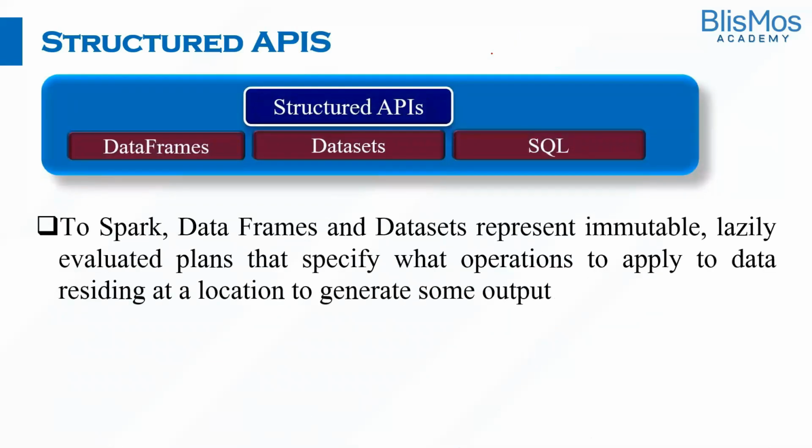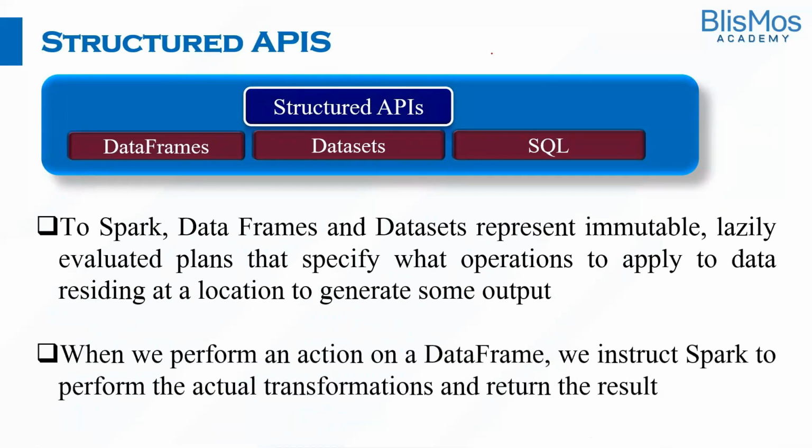Having understood what DataFrames are, we have already seen transformations and also other aspects of DataFrames in the earlier lectures. Let's try to revisit that. We already know DataFrames are immutable. What is immutability? Once we create a DataFrame or Dataset, we will not be able to change it.